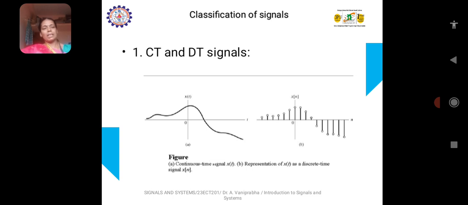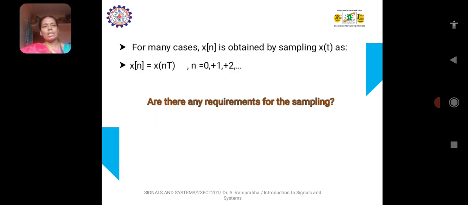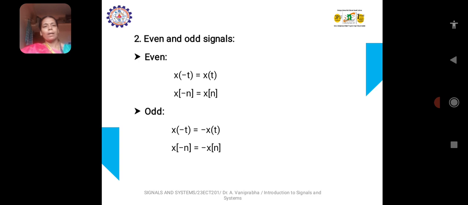So whenever we are shifting or reversing the signal, if this x of t is equal to x of minus t, then it is an even signal. X of minus t literally means this is the reflection or mirror image. While working the problems on this, you can have a better understanding.